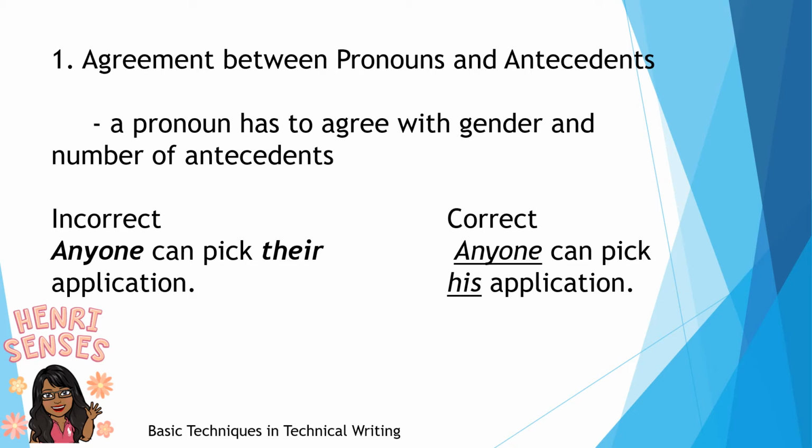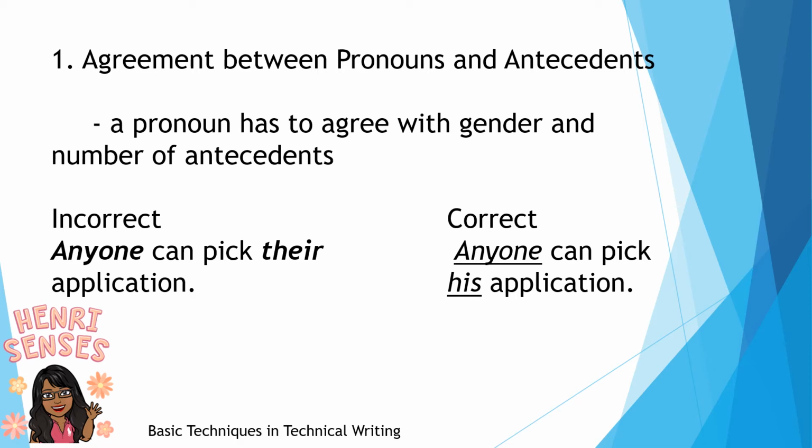Always make sure that pronouns agree with the antecedents. Just like nouns, pronouns can dictate the plurality of the verbs. We already know that verbs can determine the number of your nouns. Similarly, it can also determine the number of your pronouns and vice versa.